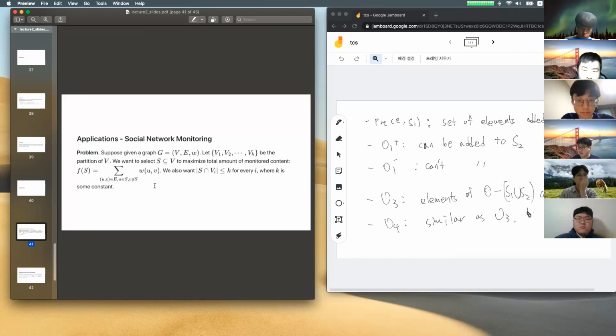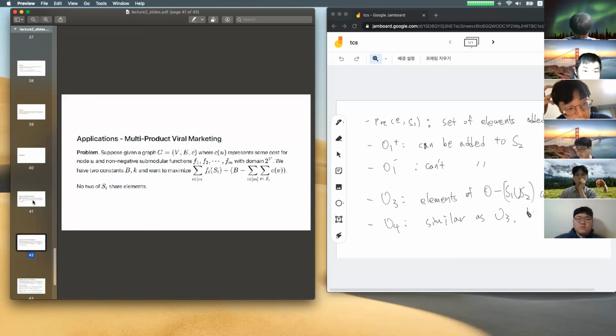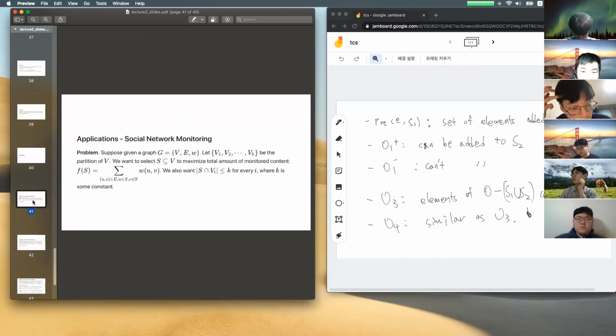This is one kind of real world modeling of this problem, and yes, this problem can be solved using the paper's algorithm.